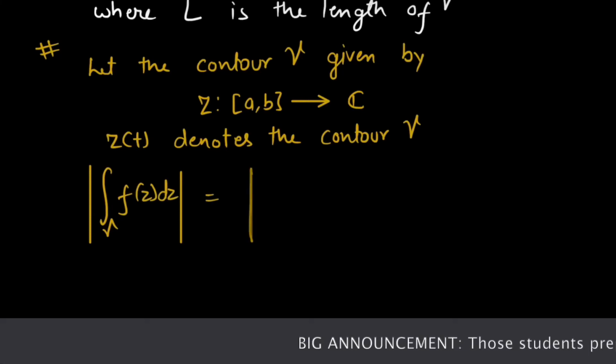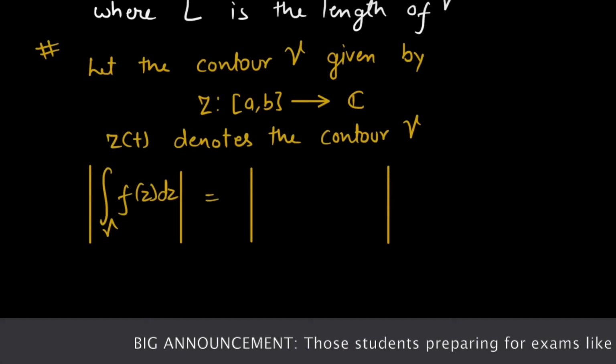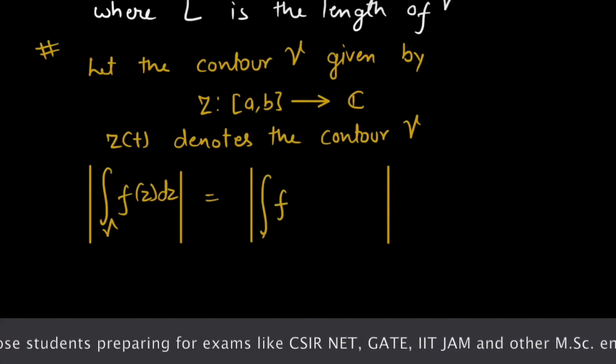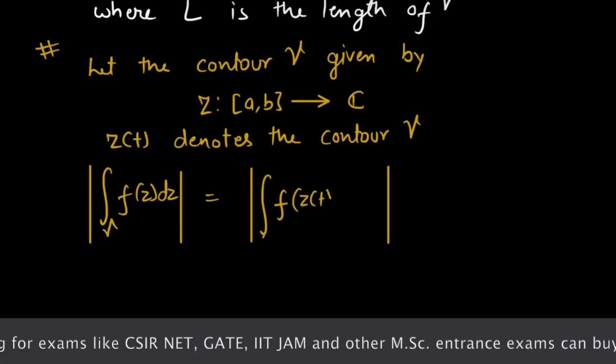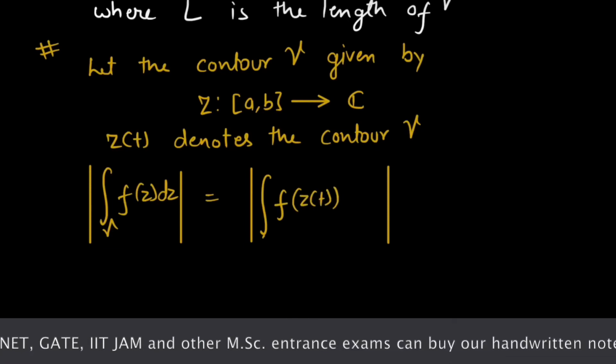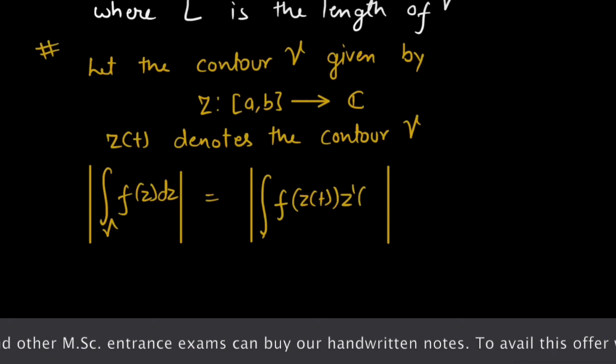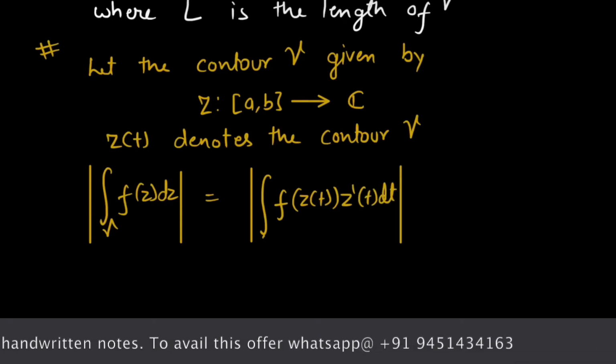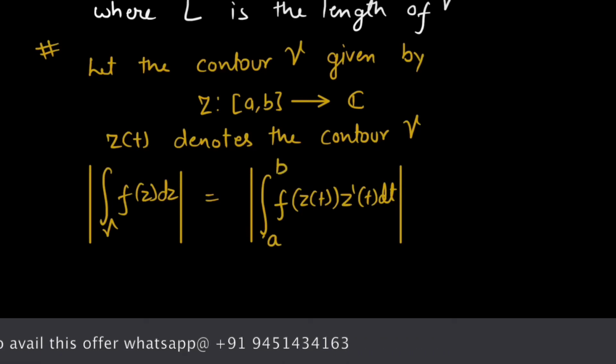So we have the modulus of the integral of f(z), where z is z(t) and dz will be z prime t dt, with t from a to b. Here z prime t is the derivative of z(t) with respect to t.